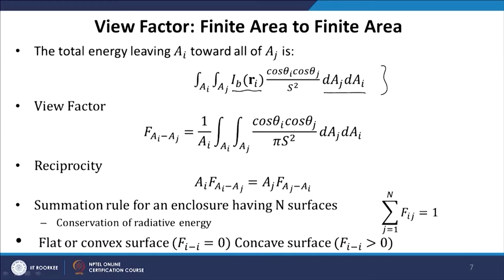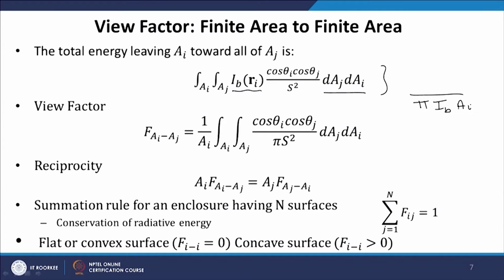Now, we should keep in mind that the temperature of this surface should be uniform. If the temperature of the surface is not uniform, the intensity Ib will vary over the surface, and then the definition of view factor will change. For this purpose, we will assume that Ib is independent of the surface, that is, it is uniform over the surface.